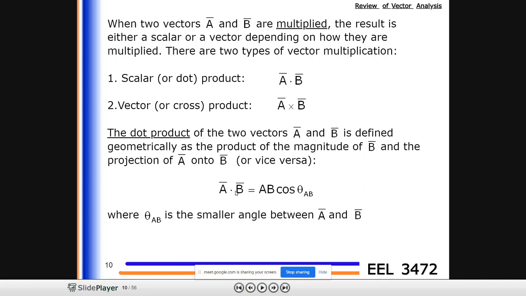Fine. Now tell me, if these two vectors are perpendicular to each other, what will be the result of the dot product? If the two vectors on which you are performing a dot product are perpendicular to each other, what is the result?